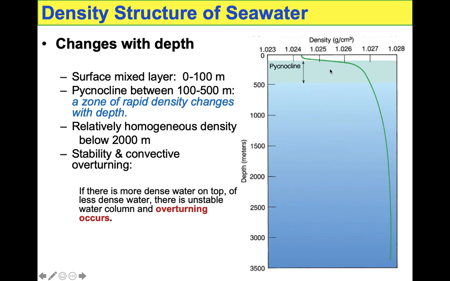So let's go a little bit deeper than 200 meters into the ocean water system and take a look at what happens to density with depth. So within the top 100 meters, you have a very mixed surface water.